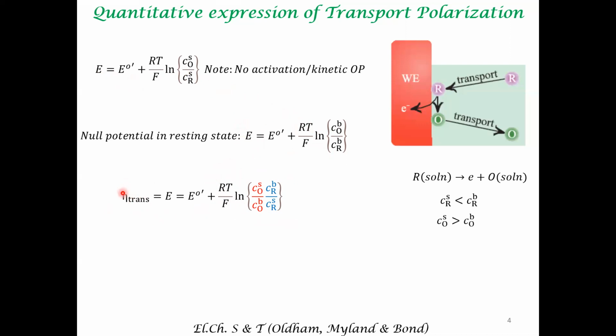This is the potential that exists over and above the potential that would have existed in the null resting state. So always the Nernst potential would be greater than 0 because these two quantities are greater than 1. All right.